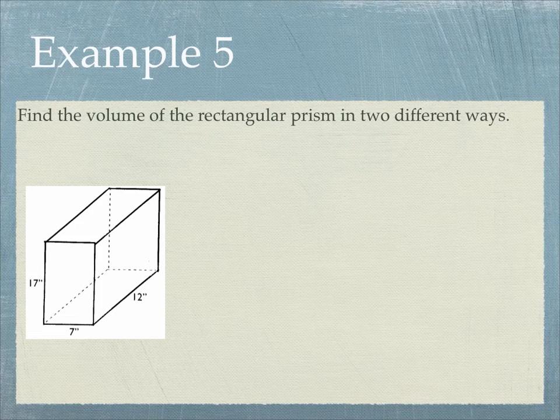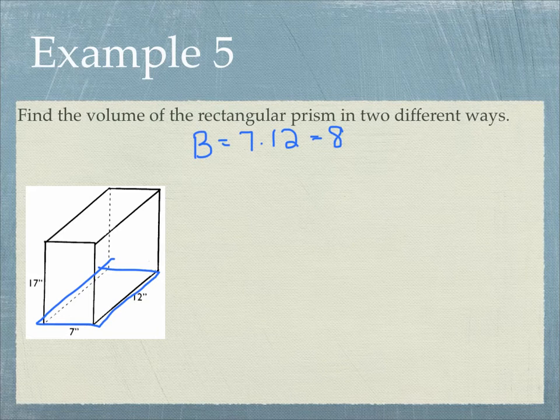All right, find the volume of the rectangular prism in 2 different ways. Okay. Preston, you got one way? Well, we can do the bottom rectangle, the top rectangle. Okay, so if I called this the base, then I would start by saying area of the base is 7 times 12, which is 84, right?